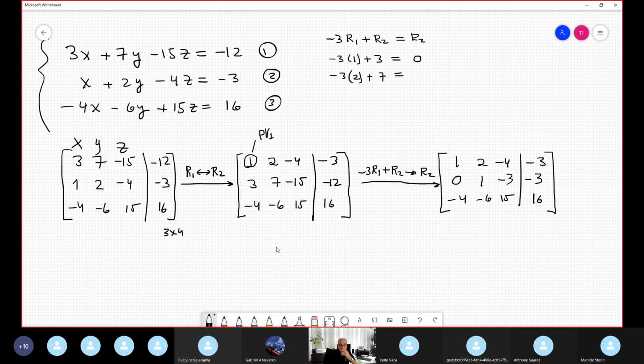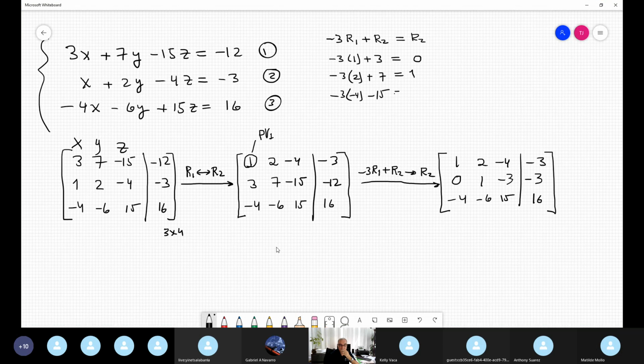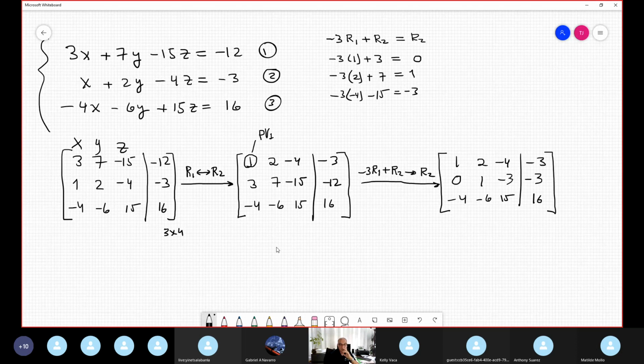Plus 7 is 1. And negative 3 times negative 4 is the third one. Minus 18 is negative 3 because this is positive 12, no? And negative 3 is the factor, the famous factor, multiplication by negative 3 again. Minus 12, this is negative 3 again. Do you see now or no clear? Yes or no?